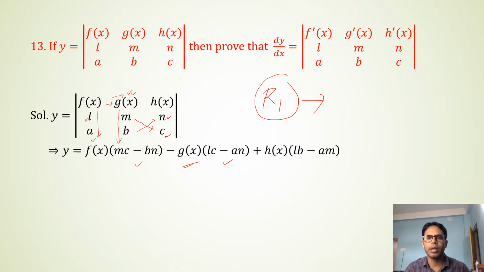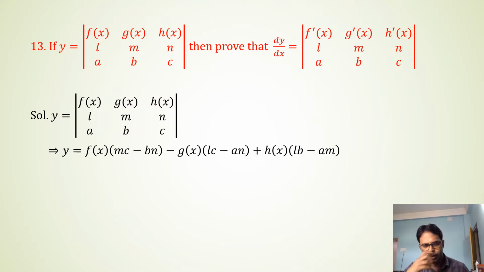In the similar way, now this is compulsory plus h(x) into, now for h(x), you just remove the column and row involving h(x). So we have now l, m, a, b, and the result is simply lb minus am. So this is our expanded determinant.